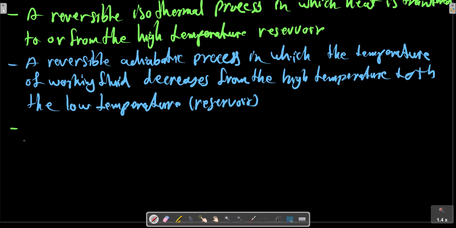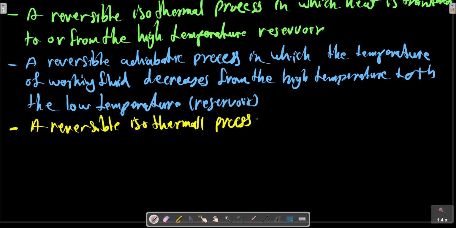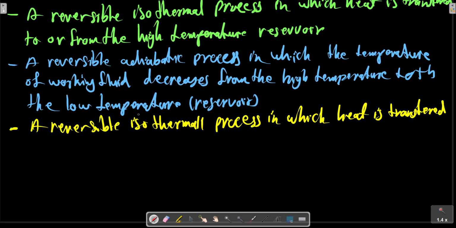And the third one, a reversible isothermal process in which heat is transferred to or from the low temperature reservoir.